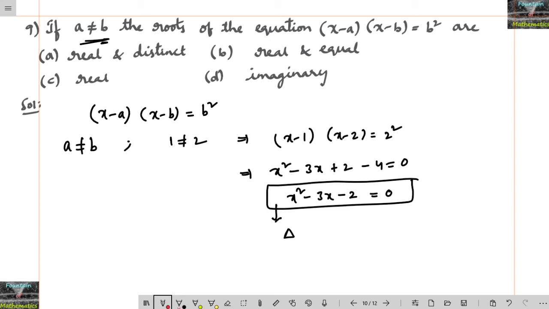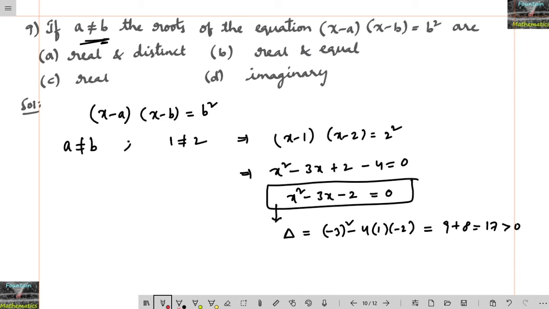For that, let us consider the discriminant delta, which is b square minus 4ac, 4 into 1 into minus 2, which is nothing but 9 plus 8, which is equal to 17. 17 is greater than 0.